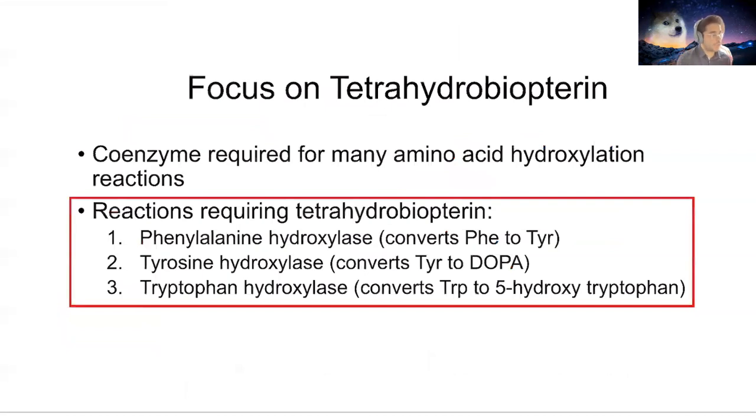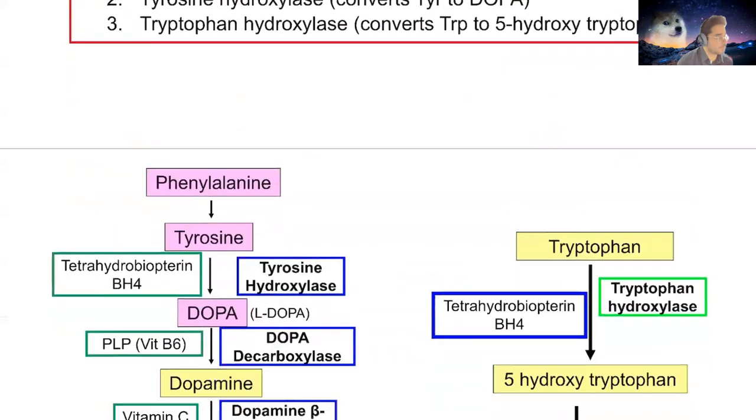Okay, what are the pathways implicated and what steps? Phenylalanine hydroxylase gets messed up because of phenylalanine to tyrosine, right? You need tetrahydrobiopterin, right? Tyrosine hydroxylase, tyrosine to DOPA, also needs it. You also need it for tryptophan hydroxylase, which converts tryptophan to 5-hydroxytryptophan. And remember, that's like the one more step before you create serotonin.